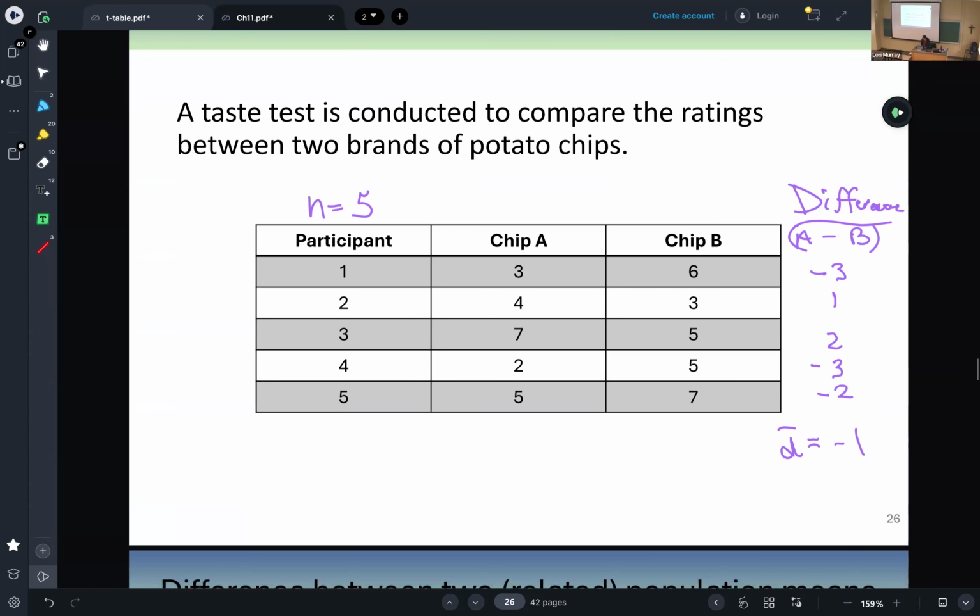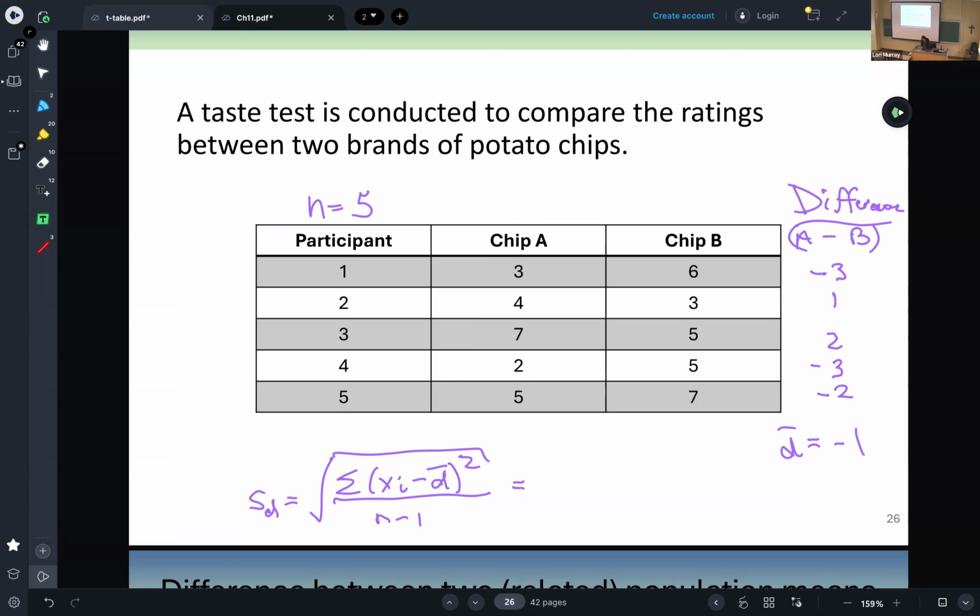And we also get the standard deviation for the difference. And that will be S subscript D, which you already know too, from your econometrics toolkit. And you just take the square of those. This would be D squared, divide by n minus 1.